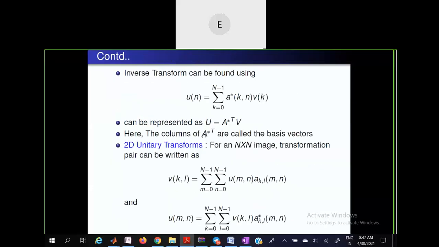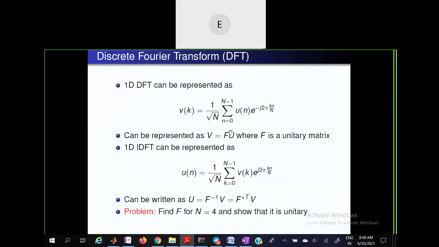We were using A, but now it is for the Fourier transform, so I'm using F. If it is the discrete cosine transform, I'll be using C. Just to identify them separately, I'm using different notation. So F is the matrix now, and that is a unitary matrix.